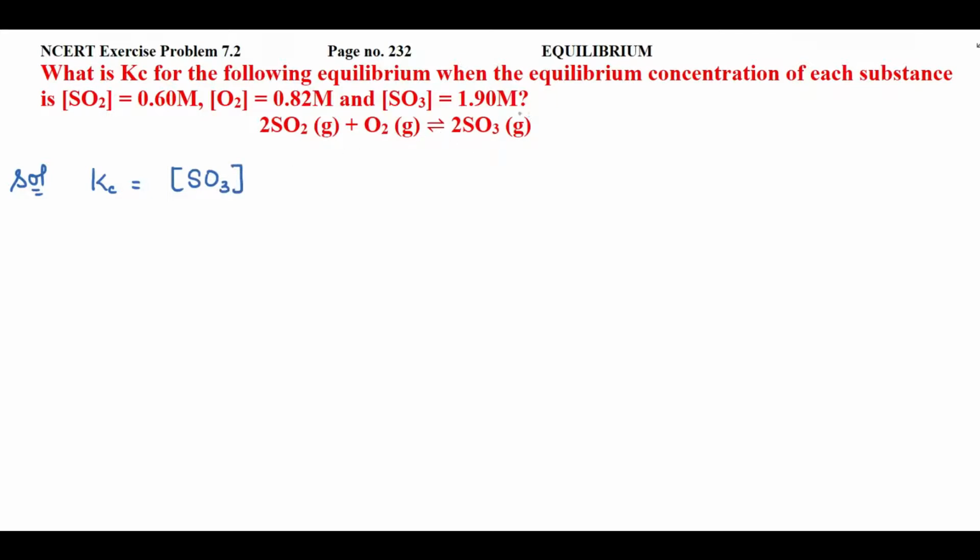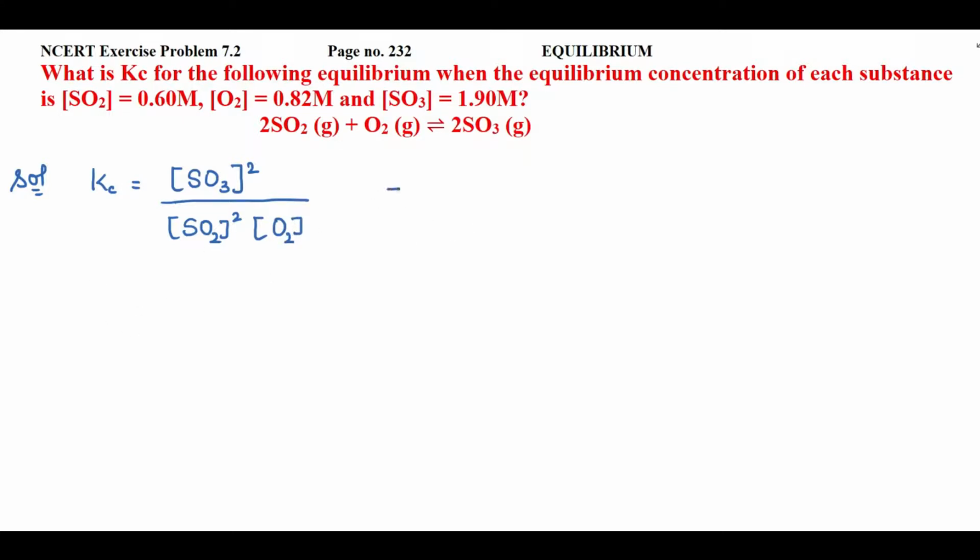So SO3 raised to the power the stoichiometric coefficient present with this sulfur trioxide, divided by the concentration of reactants. So the first reactant is SO2 raised to the power the stoichiometric coefficient present with this sulfur dioxide, into the concentration of the second reactant, that is oxygen, right?